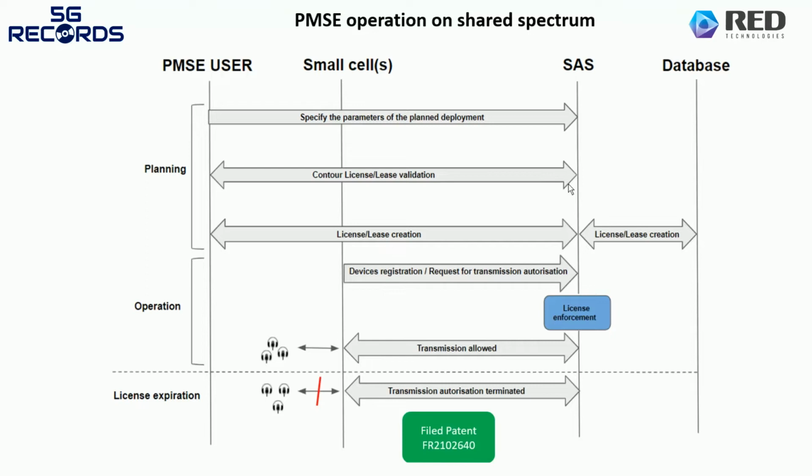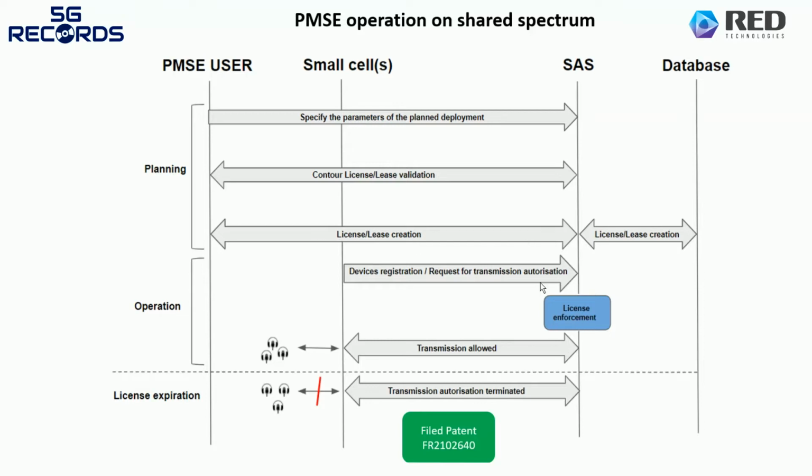Based on this planned deployment, the SAS can check whether it will interfere beyond the allowed threshold with other leases and local licenses around.